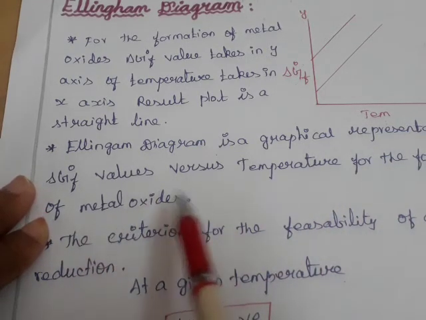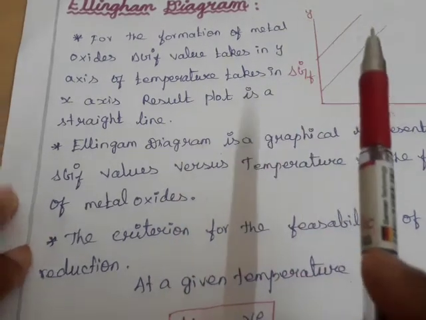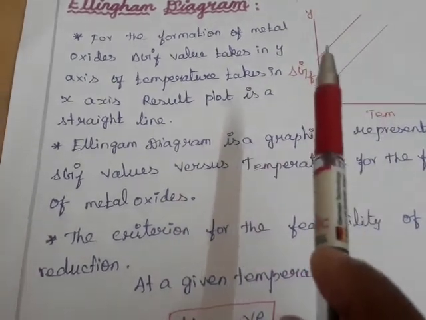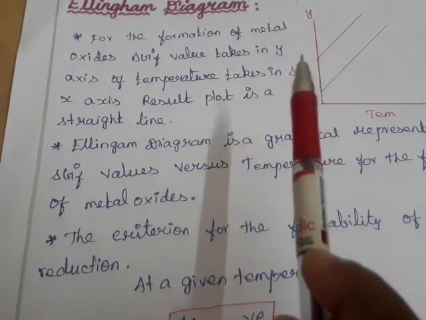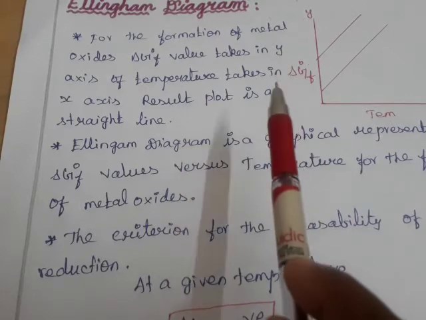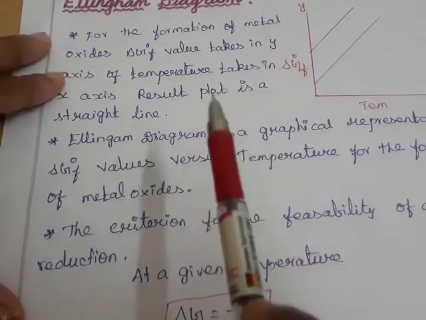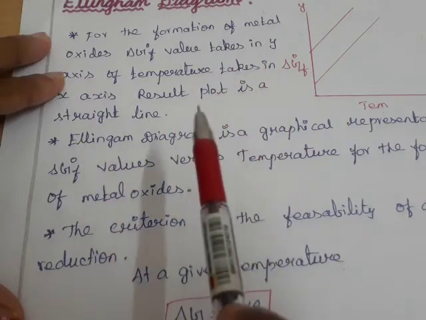The Ellingham diagram is the graphical representation of del G naught values versus temperature for the formation of some metal oxides. The Ellingham diagram tells whether the reduction process is feasible or not. First you calculate the first criterion, whether the reaction is feasible.